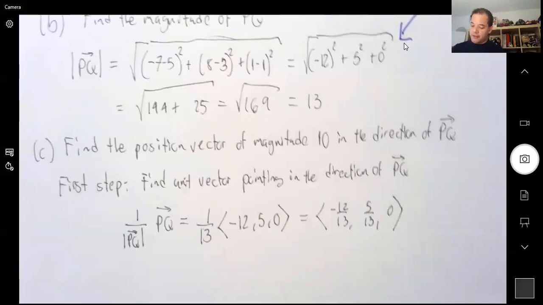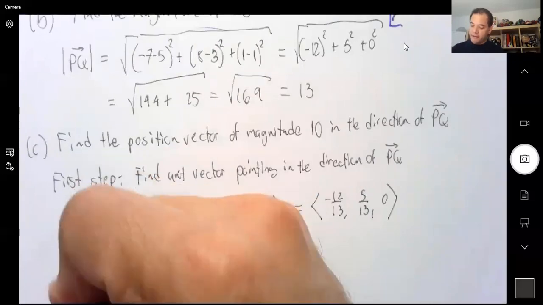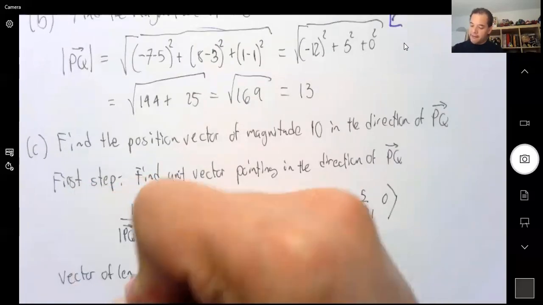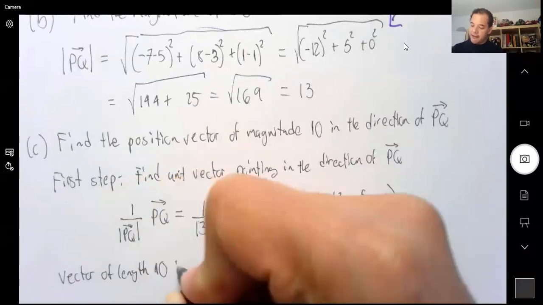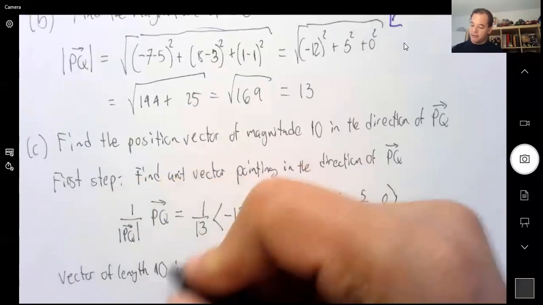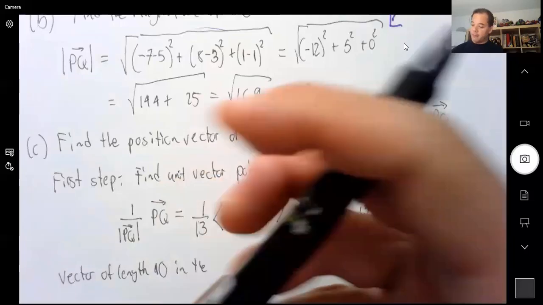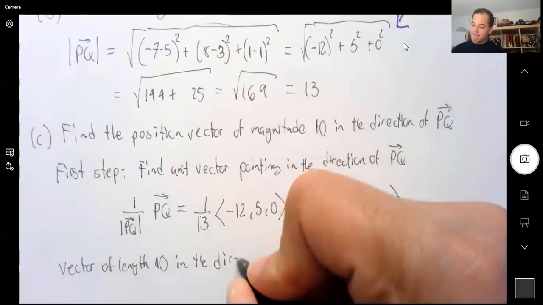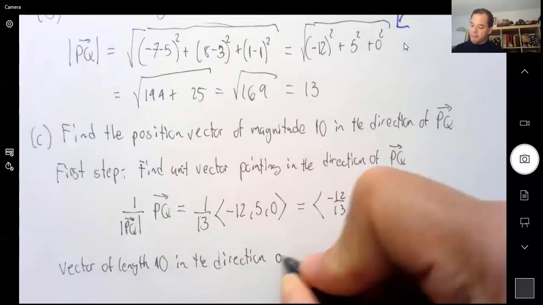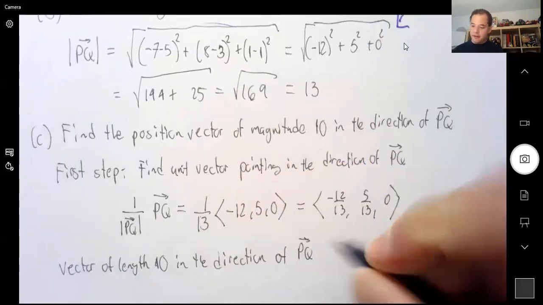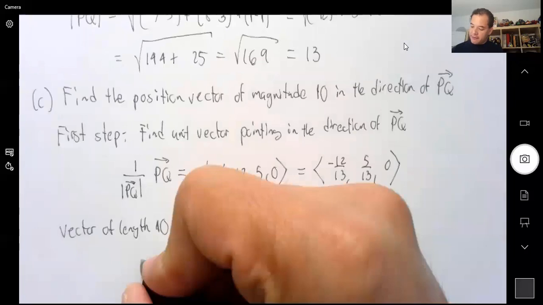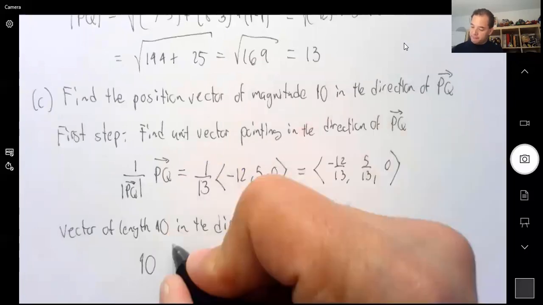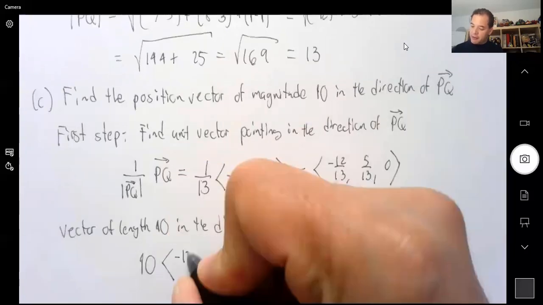So here is the vector of length 10 in the direction of PQ. Magnitude and length is the same, it's a synonym. Here it is. We just multiply 10 times the one we found before.